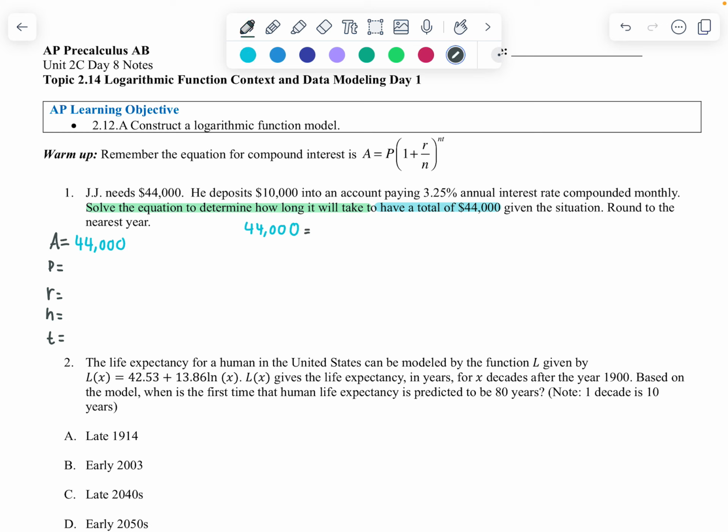And we know that initially the amount of money that JJ deposited was $10,000. So that's our principal, so our starting amount. And then 1 plus, we have our compound interest formula, so compounded on an account paying 3.25% annual interest.